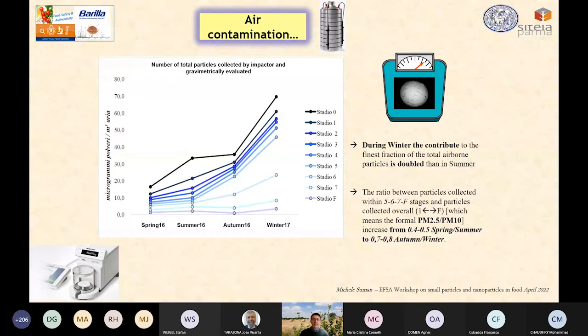And a final point is that, comparing the different seasons, during the autumn-winter the contribution represented by the finest fraction of the total airborne is practically doubled compared to the summer period. And also the ratio between the particles collected in the first stages of the cascade impactor and the last ones increases from the spring-summer to the autumn-winter period. That is another interesting piece of information that we collected during the study.